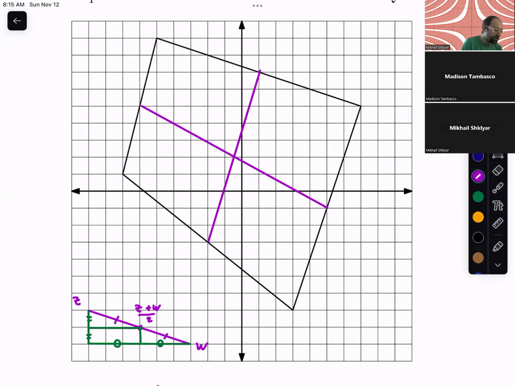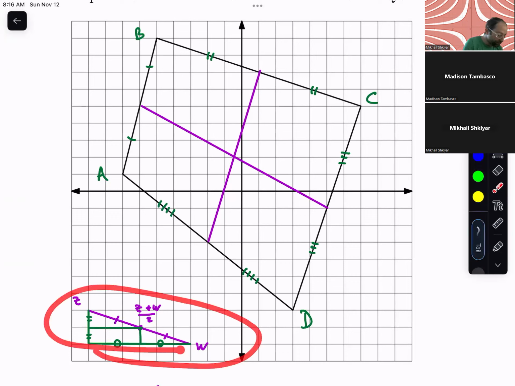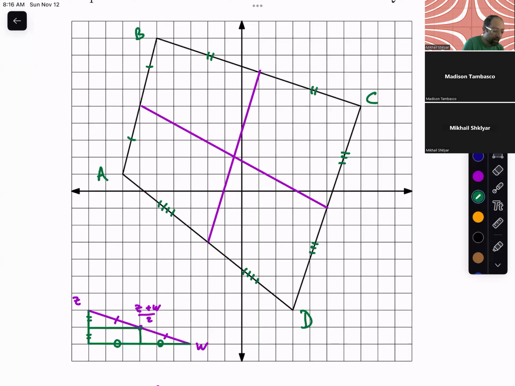So what I'm going to do is use complex numbers to represent the vertices of this quadrilateral, and the midpoints. So what are the midpoints? Well, I'm going to use this idea for each side.